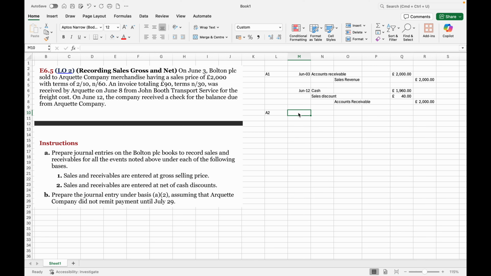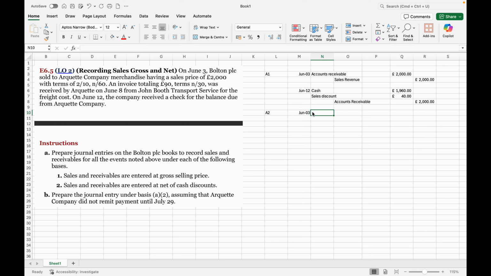It says that since we have given a discount, we recognize it, whether or not our client will be able to pay the amount due within the appropriate time period. We will still recognize the existence of the discount. And that is why, under the net of cash discount method, we will record the transactions in the following way.